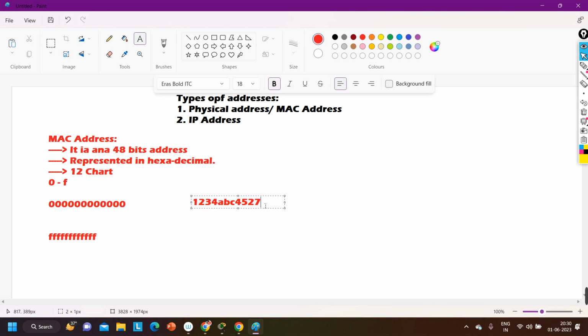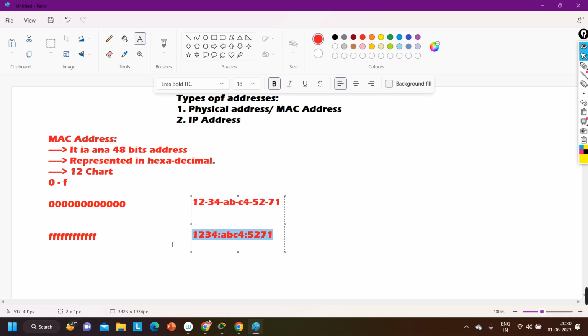Either we can represent this MAC address like this, or I can represent this MAC address like this, with 2 characters in each group. There is no difference between this MAC address and this MAC address.